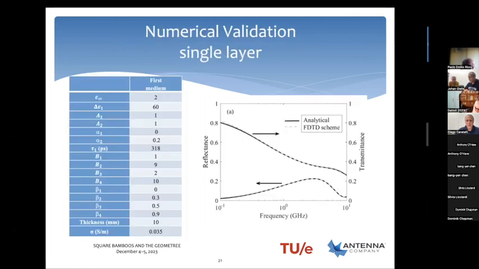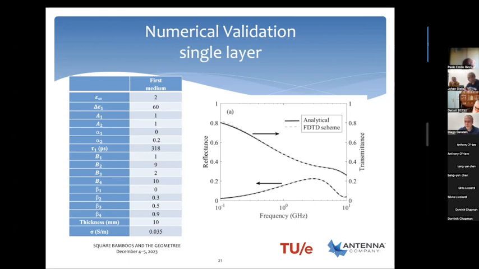We consider here for the first test case a single layer medium with the characteristics and the parameters that are reported in the table on the left-hand side, and on the right-hand side we have the comparison of reflectance and transmittance characterizing the specific medium as evaluated by theory, that is the black continuous line, and as evaluated using the fractional-based FDTD model that we developed, and those are the light gray dashed lines.